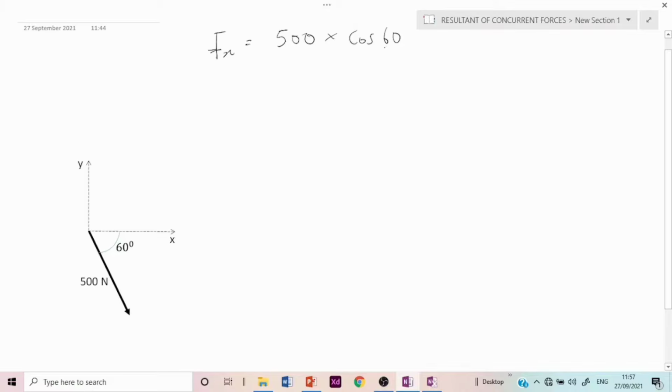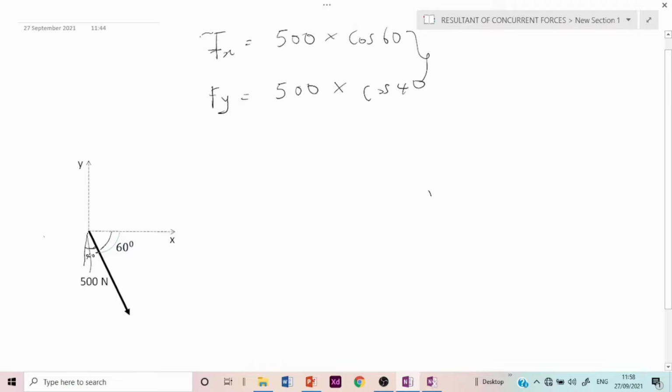In this case, it is 60 degrees. And you can also do the same for the y-axis. Fy, which is the component of the force in the vertical axis, is equivalent to the value of the force multiplied by cosine of 40. Now, this is one way to resolve to components.